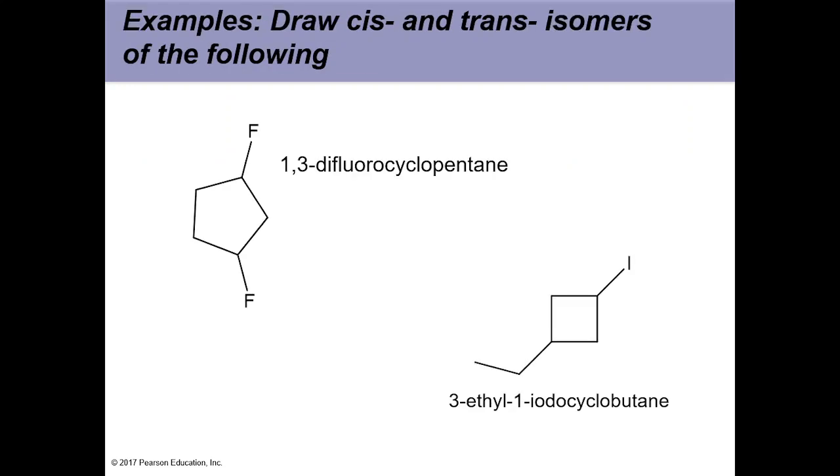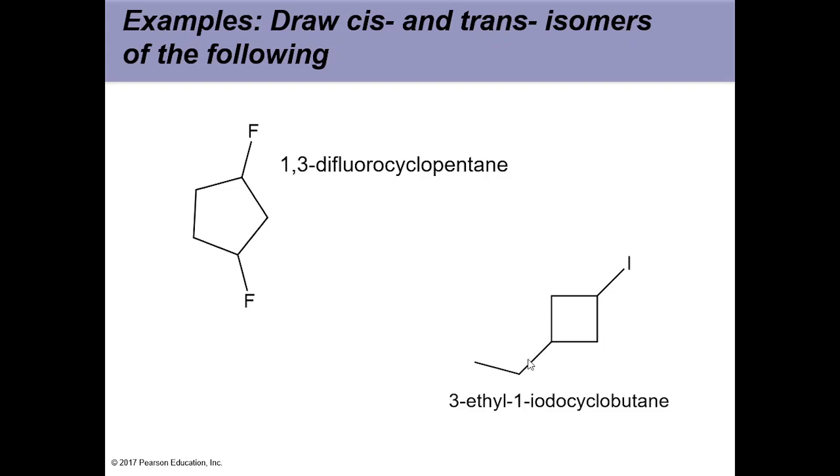Now you might want to practice how to draw the cis or trans isomer for both these compounds. You can see currently the structures of both compounds are drawn in a way that all the bonds are drawn in dashed lines. So it doesn't really specify, for example, on this cyclopentane, which direction the two fluorines are pointing, whether they are on the same side of the ring or on the opposite side of the ring.